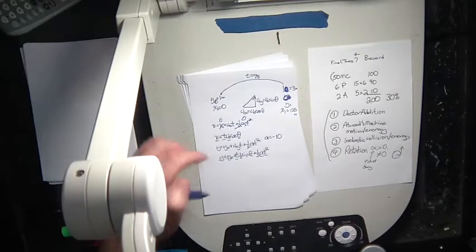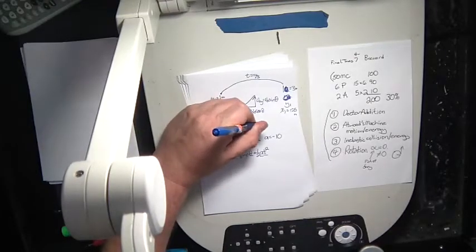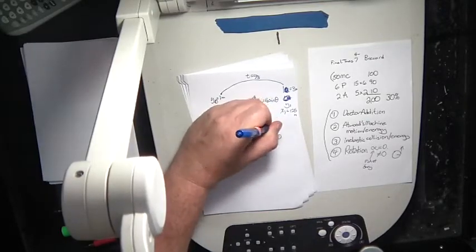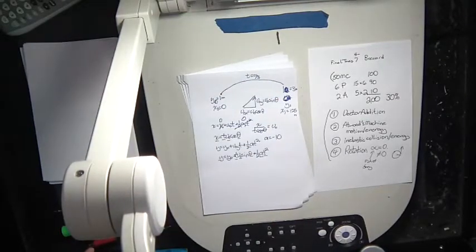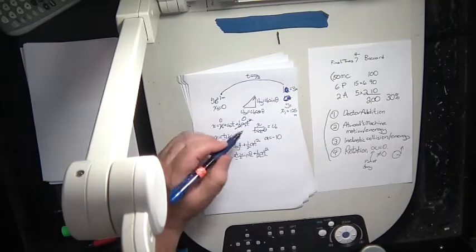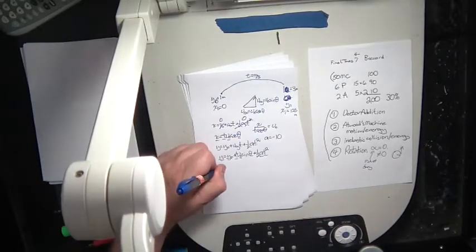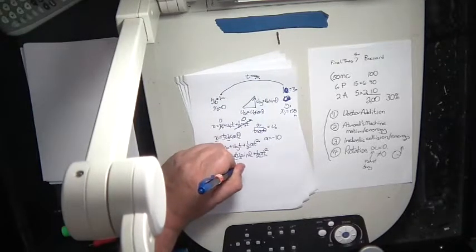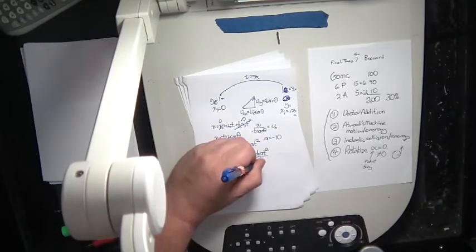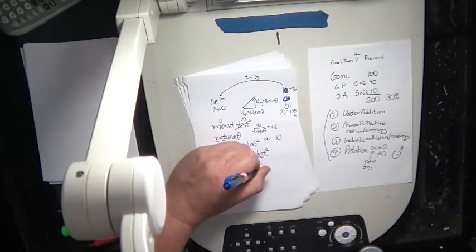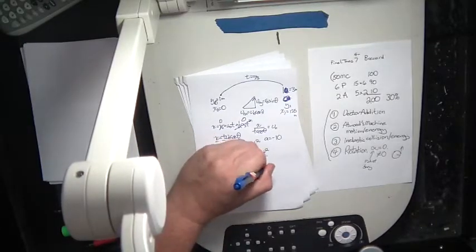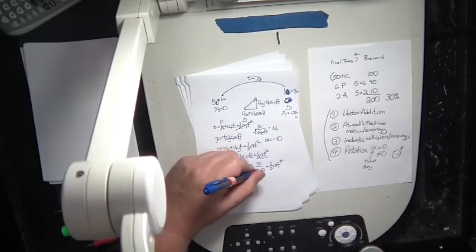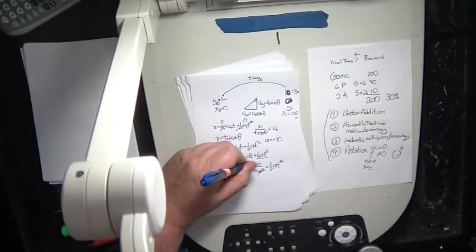The best way to solve for this is X divided by T cosine theta is V naught. Substitute that into here: Y equals Y naught plus T sine theta times X over T cosine theta plus 1/2 A T squared. T's cancel, sine over cosine becomes tan.